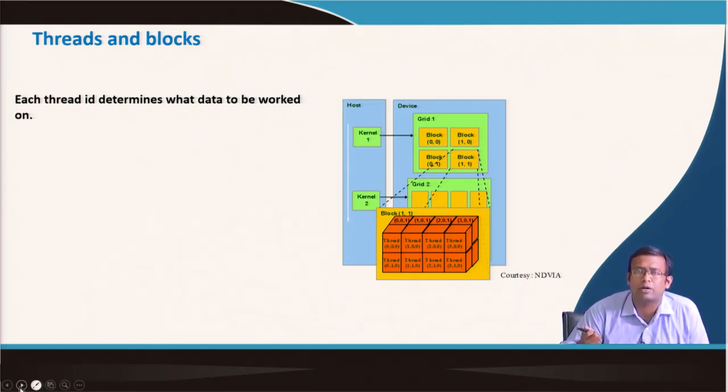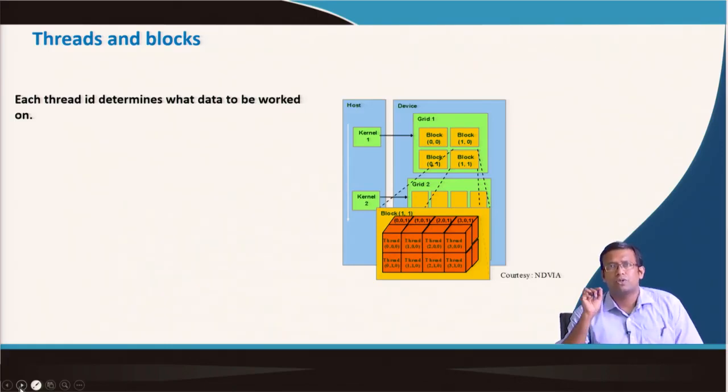They have a very small L1 cache and shared memory, so they work on a small amount of data, but each thread is executing essentially the same instruction on a specific data location. So, the thread ID should be well mappable to that data location. Each thread ID will determine which data will be worked on.